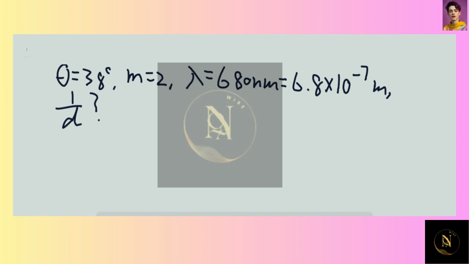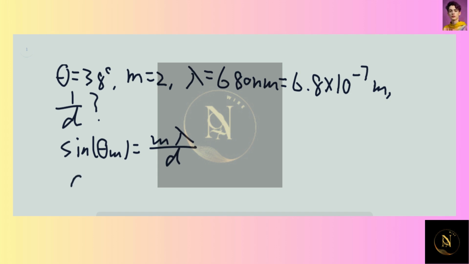And we know there's a formula that relates d to all these known conditions, which is sine theta m equal to m lambda divided by d. In this case, m is known, lambda is known, theta m is known, which is 38 degrees.